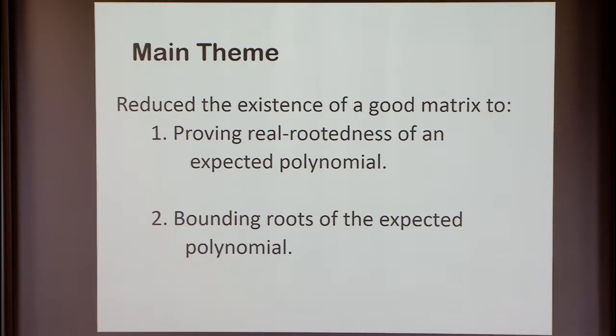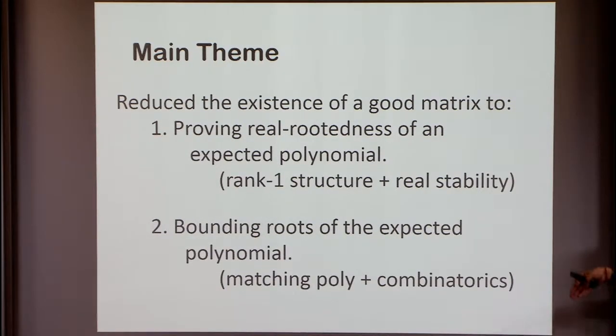The interesting thing here is that we reduced this combinatorial problem of finding this matrix to analyzing some expected polynomial, proving that some polynomial has real roots, analyzing its roots. This is an analytic problem, not a combinatorial problem. The first part, where we proved real rootedness and interlacing, we did using very generic facts, such as the matrices being rank 1 and real stability theory. And the second part we did using matching polynomials and combinatorics.